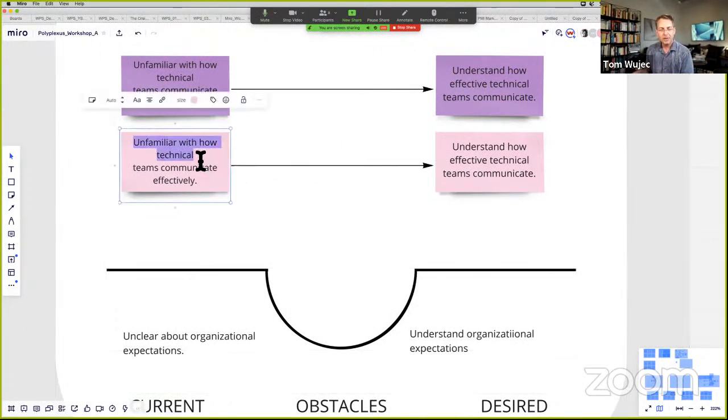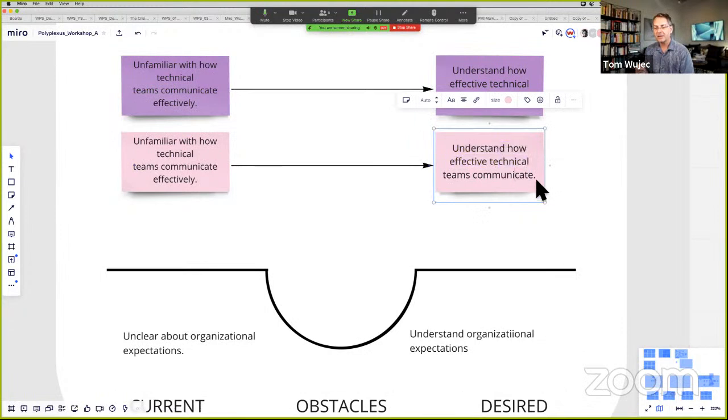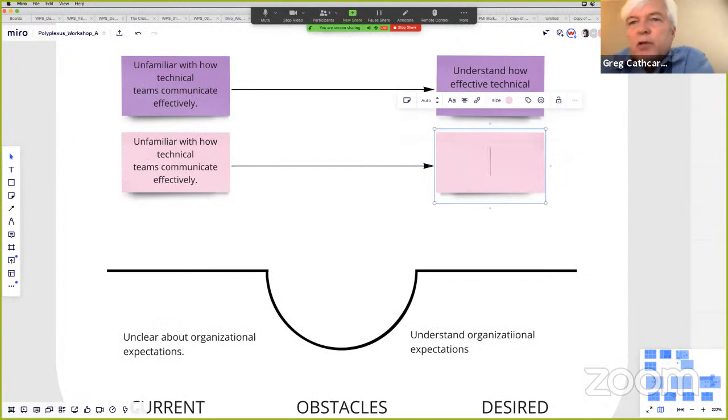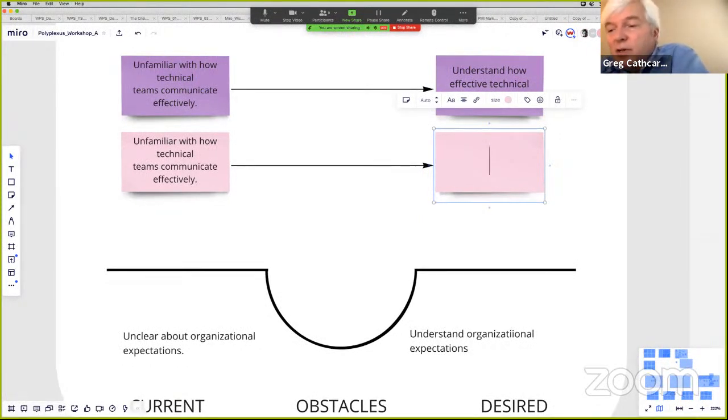So how does a newbie communicate, and what are the qualities of, let's begin with the desired state. What are the qualities of effective team communication? First of all, I think the onboarding team member needs to understand that everything they say matters, and it always matters.